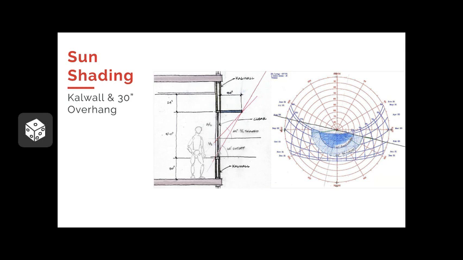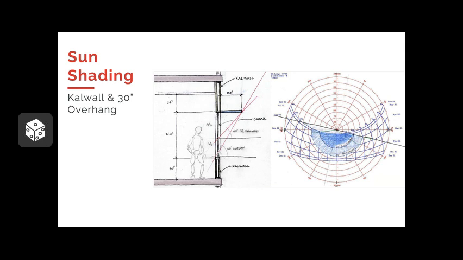The darker blue is actually to show that you have got the greatest value of glare control, and then the lighter blue, which is going to be a 45-degree cutoff, you've got less glare control, but it's still extremely important.